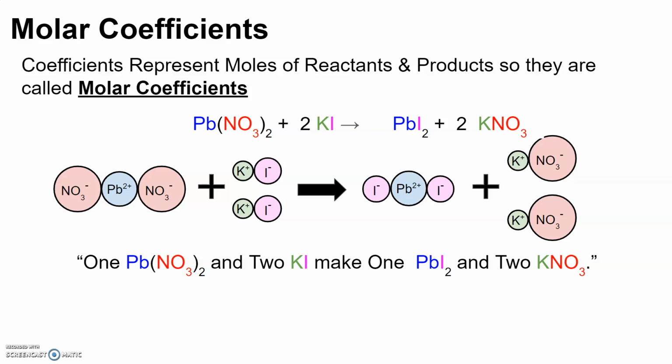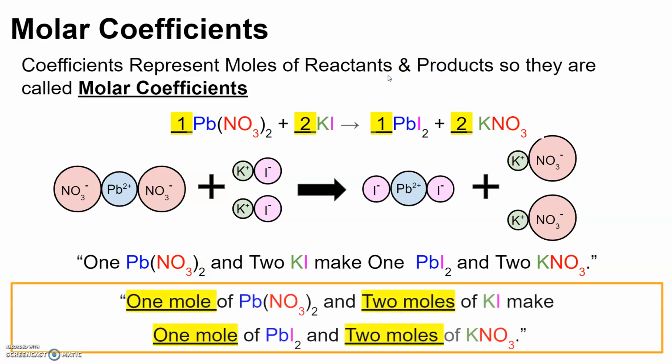So that works perfectly. The coefficient represents the moles of reactants and products, and they're often called molar coefficients for that purpose. So instead, we can think of this as saying 1 mole of lead nitrate and 2 moles of potassium iodide make 1 mole of lead iodide and 2 moles of potassium nitrate. So these coefficients represent the moles that you need for each reactant and the moles of product you can make.